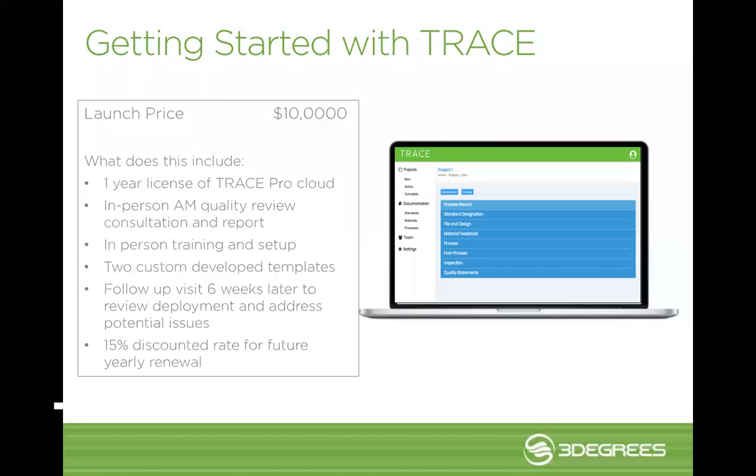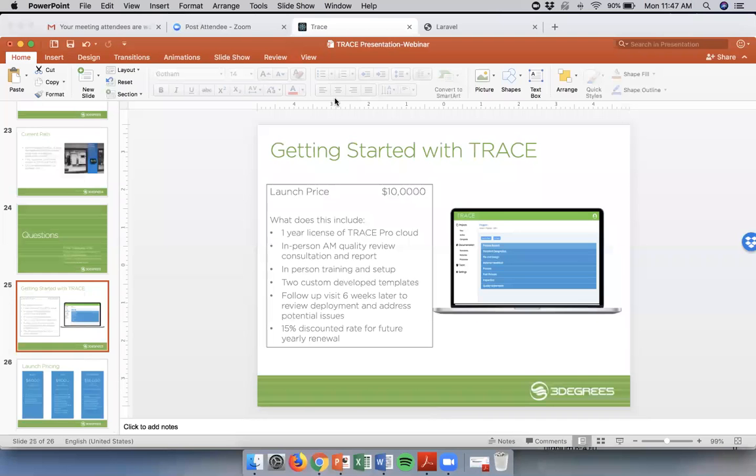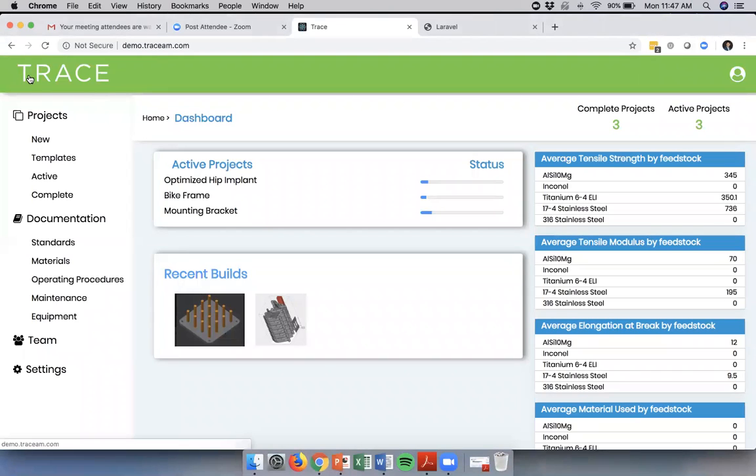So, yes, in some cases. The way we've tiered the use case is dictated, in terms of storage, by the number of users and the types of templates that you're using.